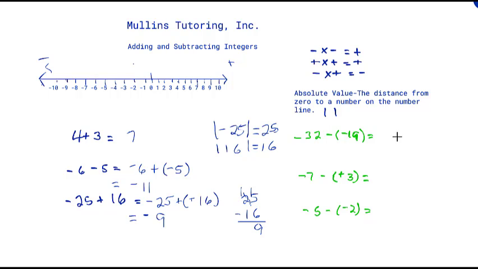All right, let's look at doing subtraction. Here we have negative 32 minus negative 19.